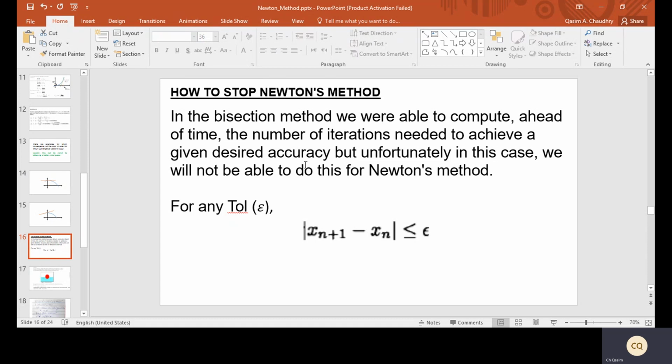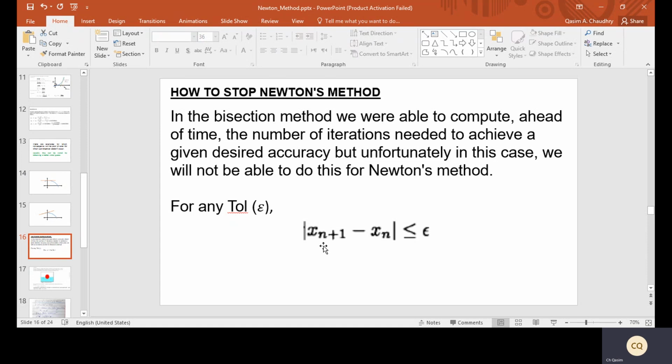So what you can do is you do some iterations, and now you have a tolerance, meaning a very small value of the error. How do you stop Newton's method? In this case, you simply take the absolute value of the difference between the previous iteration and the new iteration.